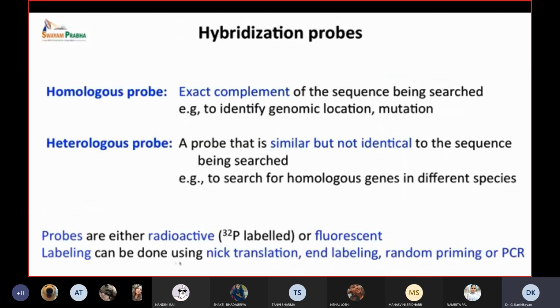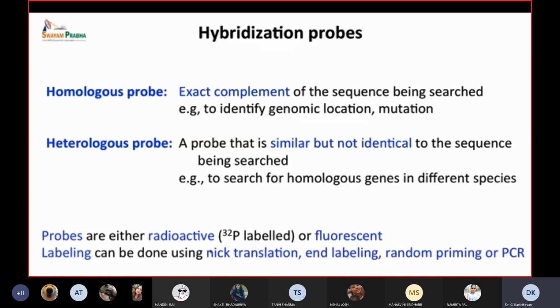Okay, so these probes are usually labeled. One can use 32P labeled probes or fluorescent probes. Nowadays, there are companies which can make fluorescent probes for you at a cost. But whichever way they are labeled, you can use a number of tricks to label them.